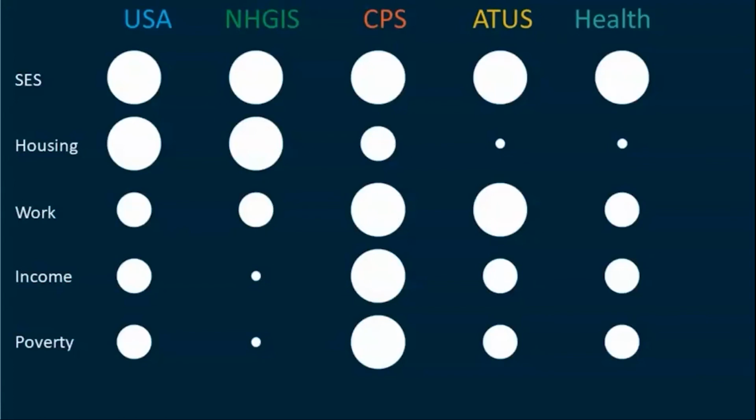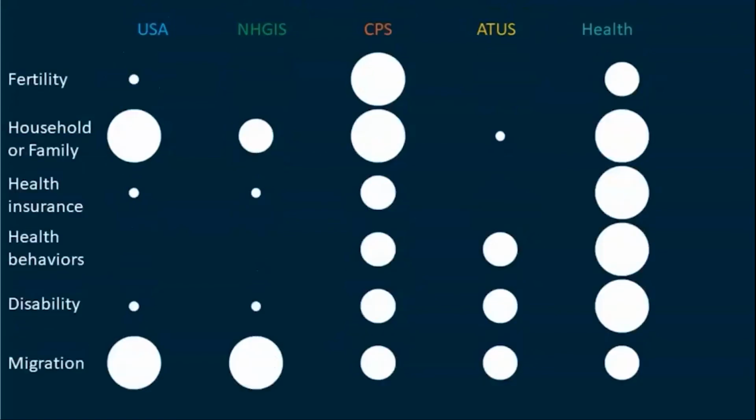Perhaps most importantly for this audience, USA, CPS, and HUS have the most detailed information on occupations and industries, whereas the Health Surveys project data have little to none. And here we can see that USA has no information on health behaviors and little information on disability or health insurance, but that the Health Surveys projects have a lot of coverage of these topics.